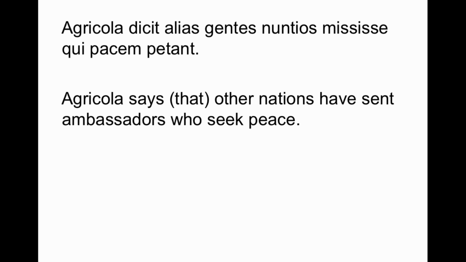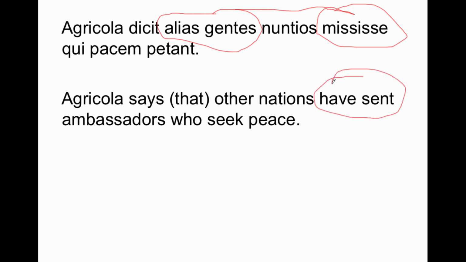And again, remember, alias gentes is accusative because in an indirect statement, the subject of this infinitive is accusative. The infinitive is converted into a real verb in our English translation, have sent. The reason it's not had sent is because dicit is present tense. If this had been dixit, then we would have translated the same word misisse as pluperfect.